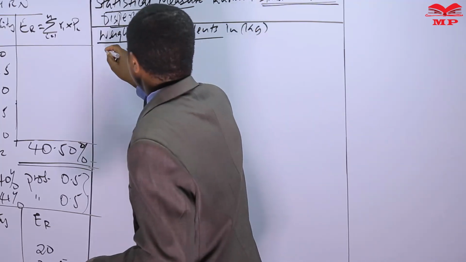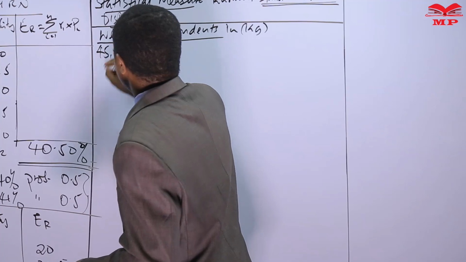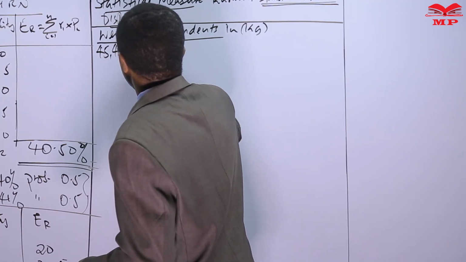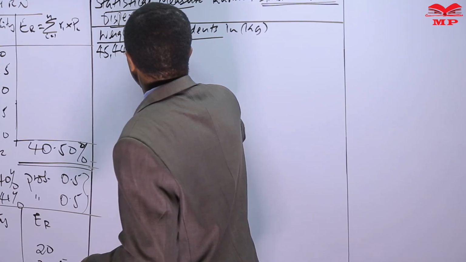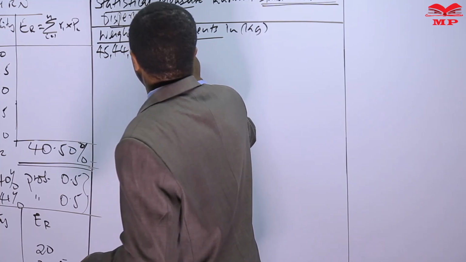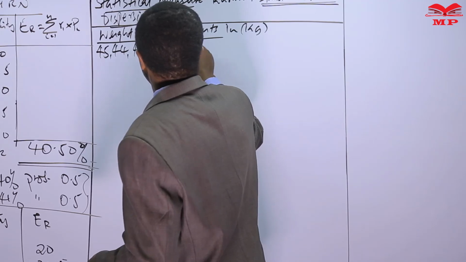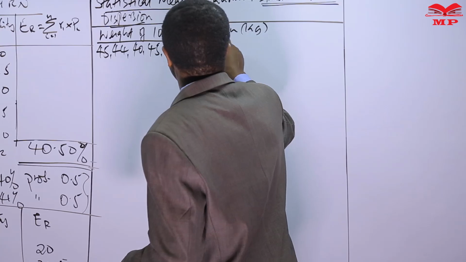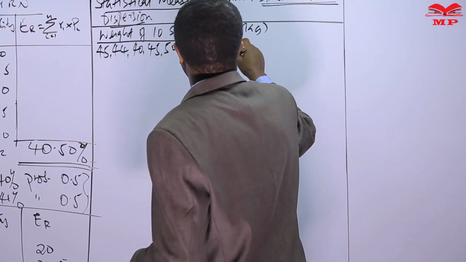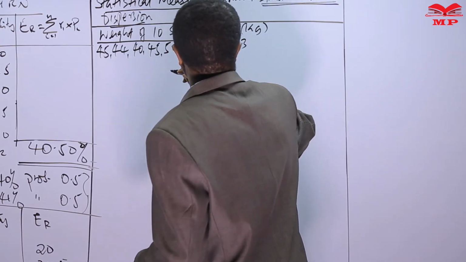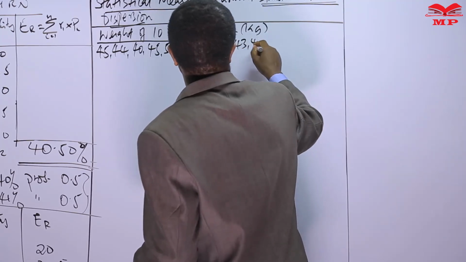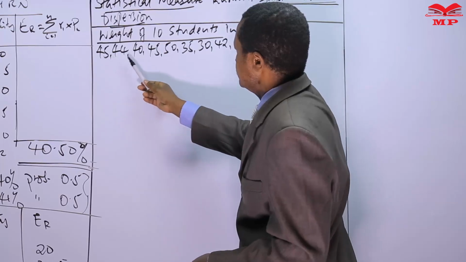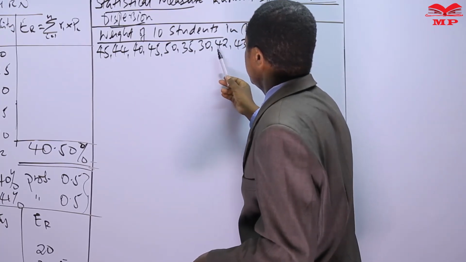The first student measuring 45 kilograms, 44 kilograms, 40 kilograms, 45 kilograms, 50 kilograms, 35 kilograms, 30 kilograms, 42 kilograms, 43 kilograms, 46 kilograms. 10 students. 1, 2, 3, 4, 5, 6, 7, 8, 9, 10.